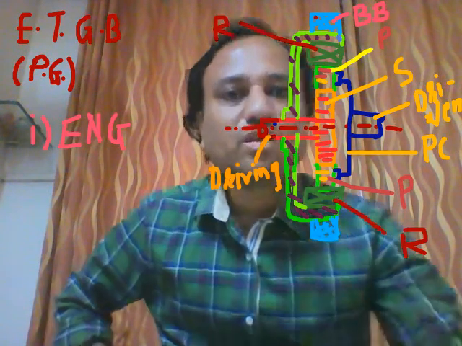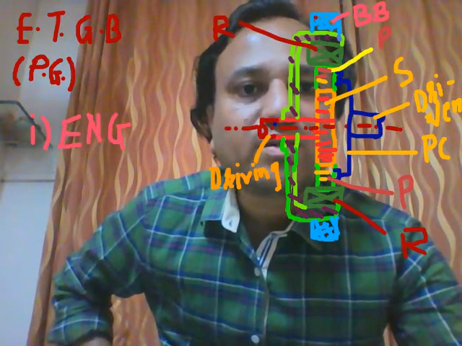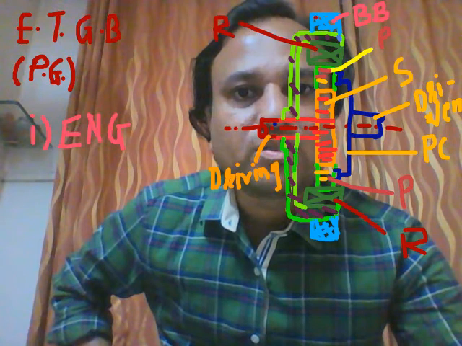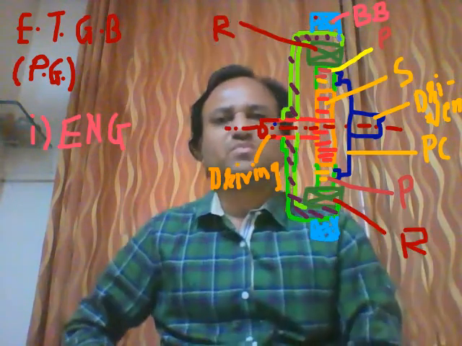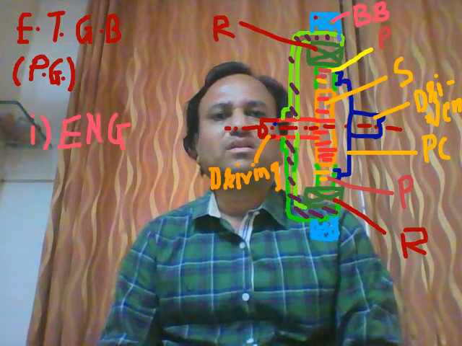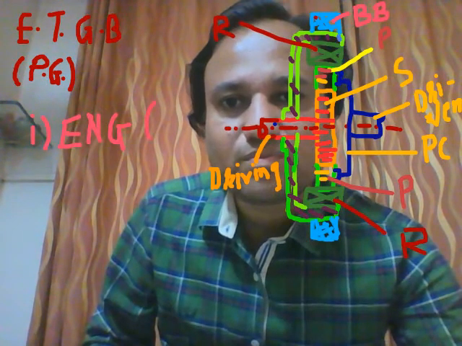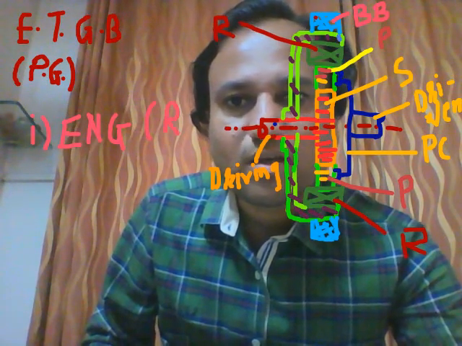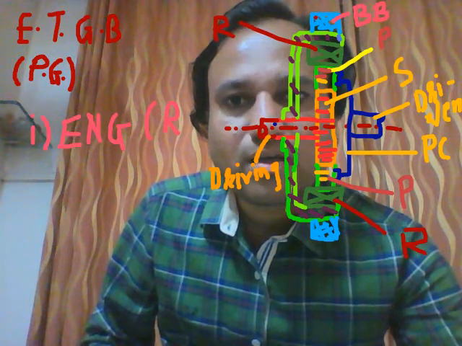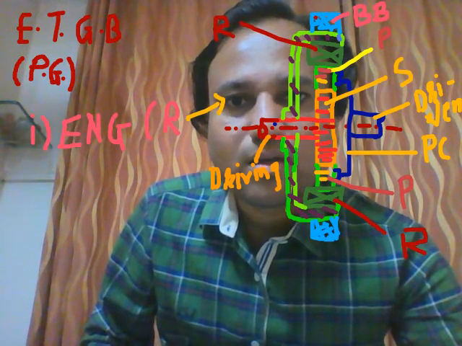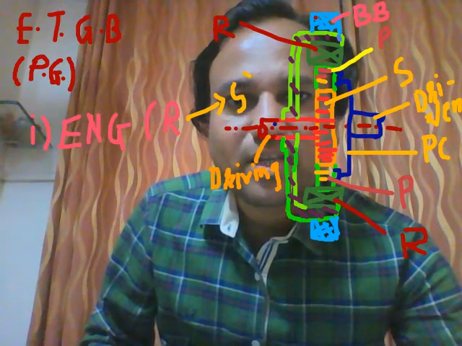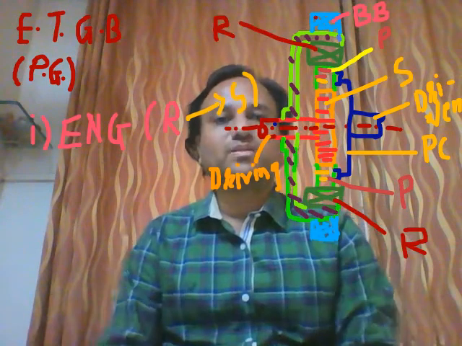In this case, what will happen? You can say that the ring gear is not at all moving. The ring gear will be stationary.